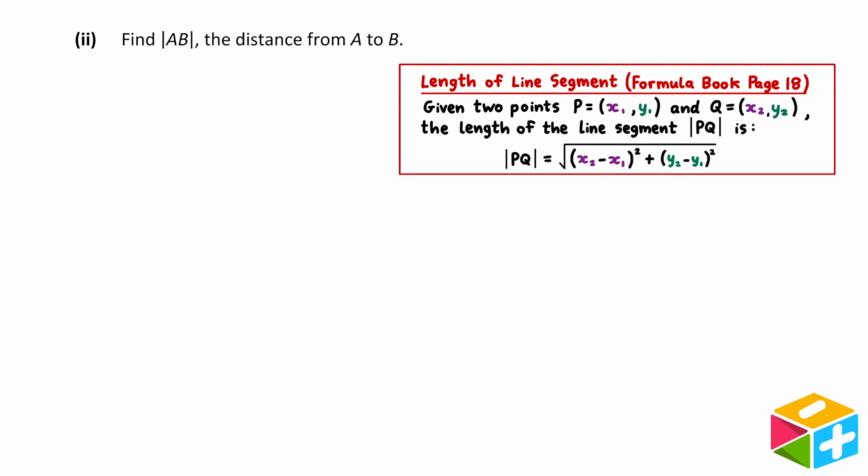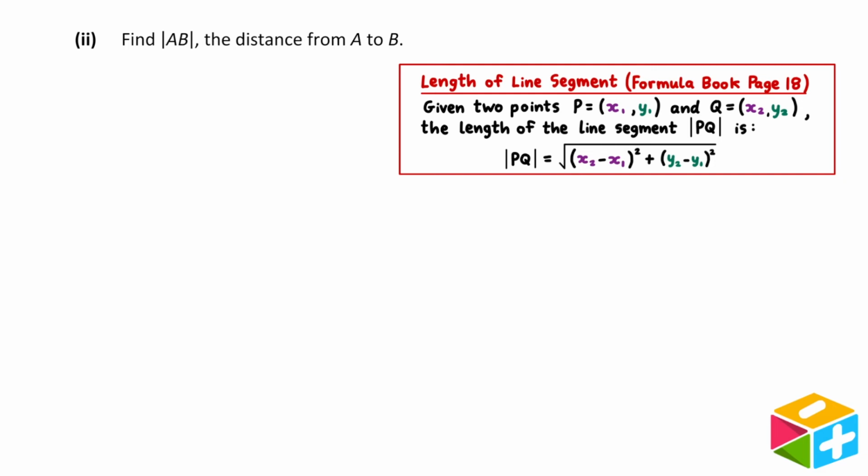It says, given 2 points, P is equal to x1, y1, and Q is equal to x2, y2, the length of the line segment from P to Q is the square root of x2 minus x1 all squared plus y2 minus y1 all squared.